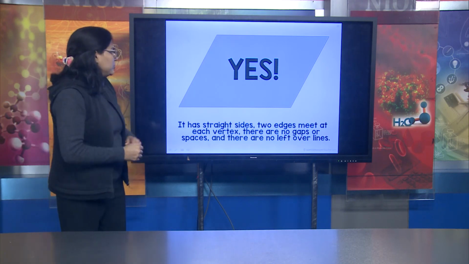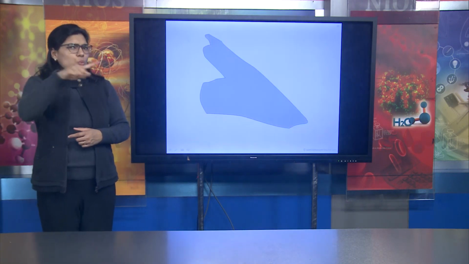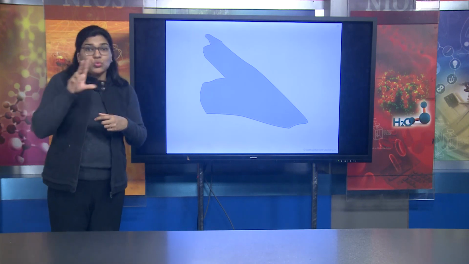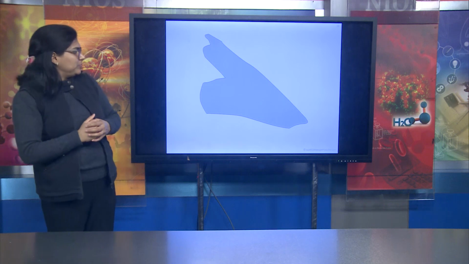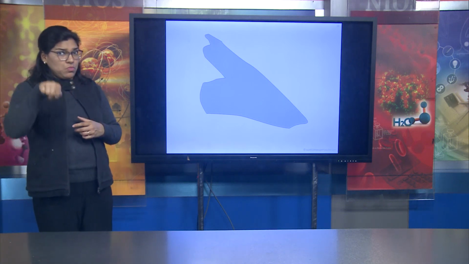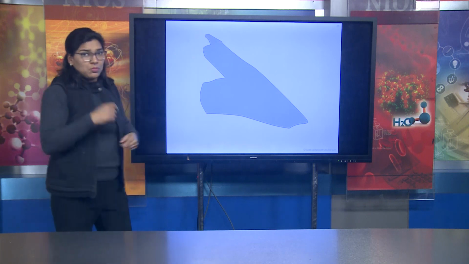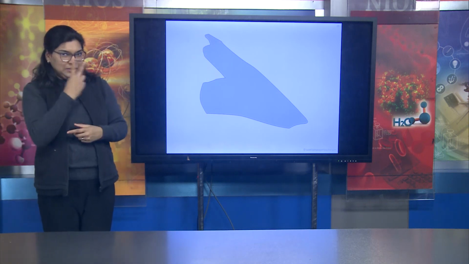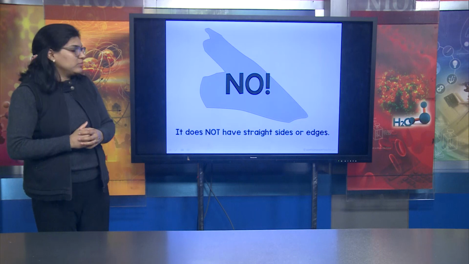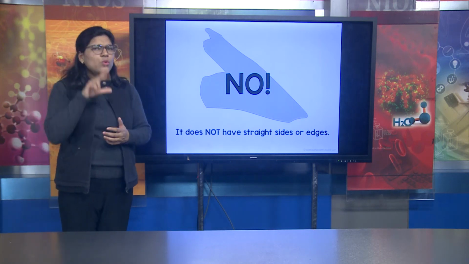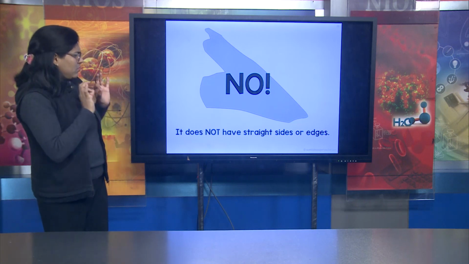Now let's move further. What do you think? Is this a polygon? Yes or no? It can be a polygon because it's a straight line, or no? Let's see the answer. No. Why?